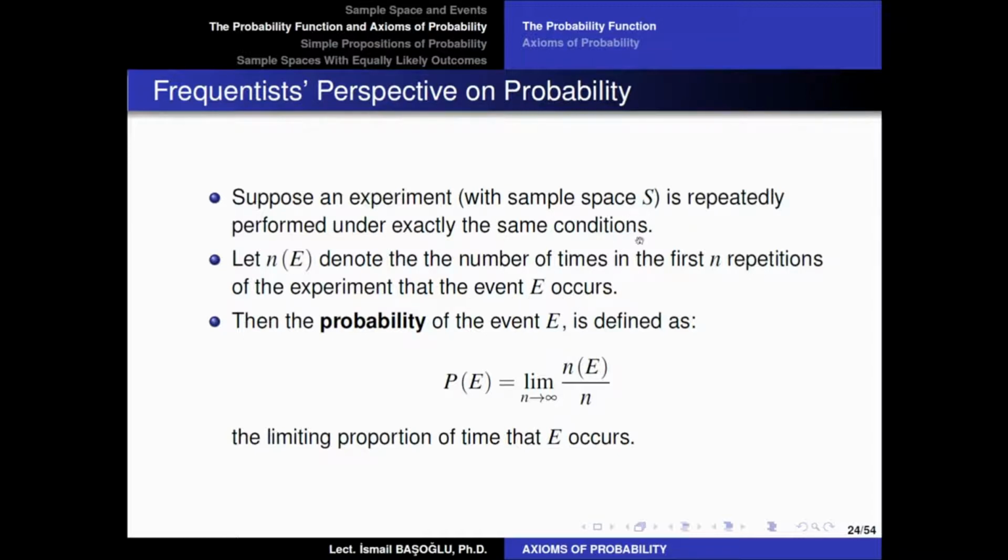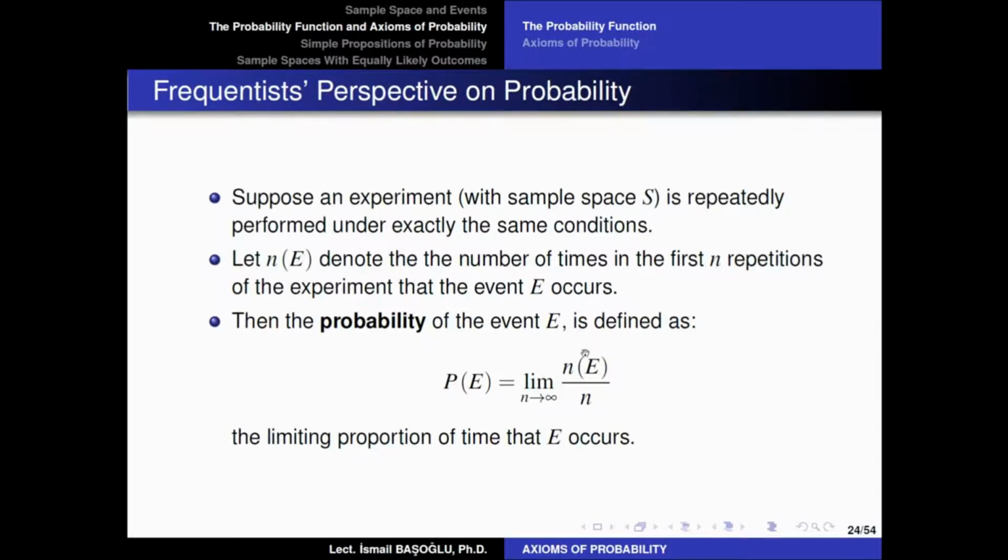So you are repeating the experiment n times, and you are counting in how many experiments you have observed that the event E has occurred. So n is the number of total repetitions, and NE is the number of times in these repetitions that you have seen event E to occur.